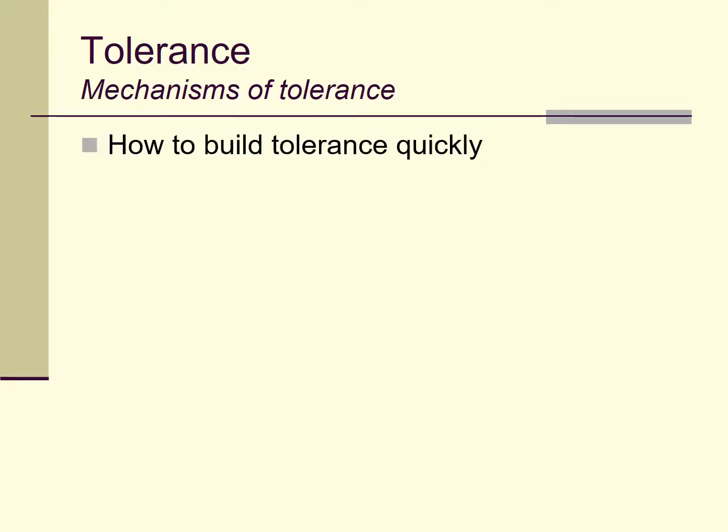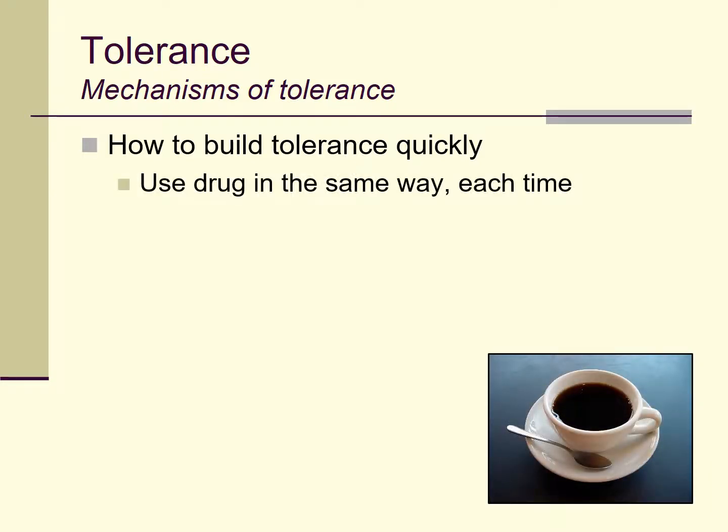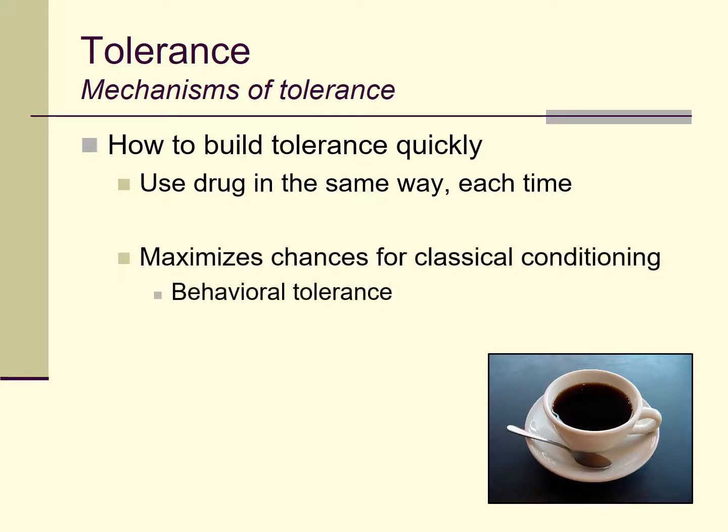And if you want to build up tolerance to a drug very quickly, you could even take advantage of this by using the same drug in the same way each time to maximize the chances for classical conditioning, and for behavioral tolerance. If you wanted to become particularly tolerant to a drug, I can't say I'd really advise this, but let's say you took a relatively benign drug like caffeine and thought, I want to get to the point where caffeine has little or no effect on me.